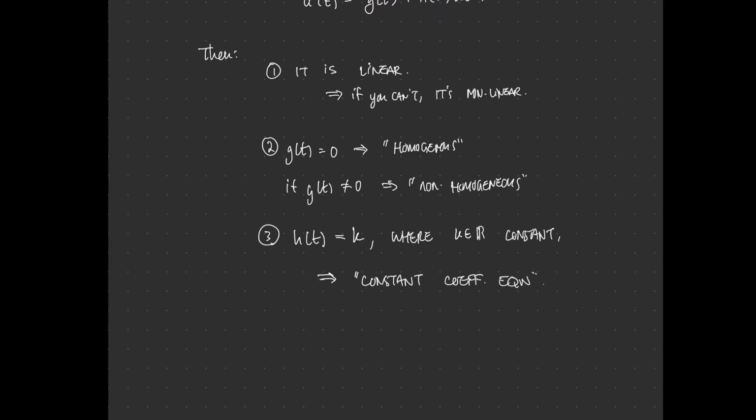And if it's a function of time, then it's non-constant, or what we call a variable coefficient. I may have made this comment before, but the reason we have all these different categories and classifications is because solving differential equations is so hard. We need to be able to categorize the different types so that we know how to attack them.